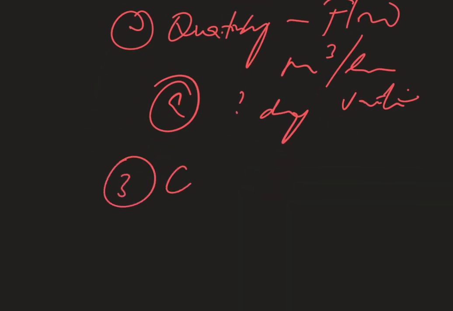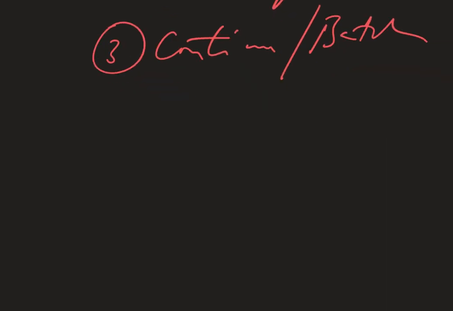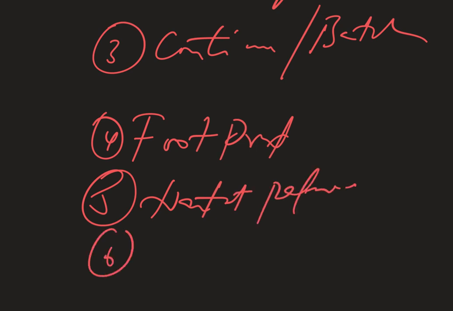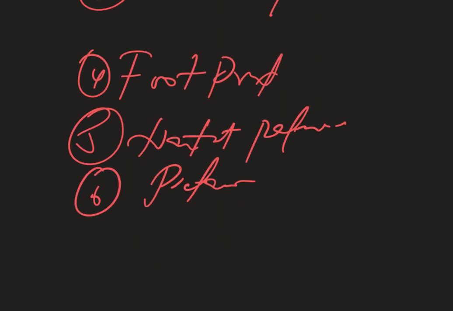Thirdly, is it continuous or batch? Fourthly is footprint. Fifth, treatment performance. Preference also matters, as some countries and municipalities have their own preference. They do R&D or pilot plant.